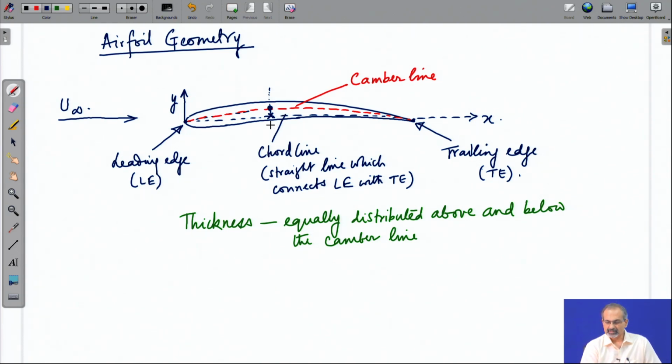Now, at that location, if the total thickness is T suffix p, because the point that we have chosen on the chord is p, and correspondingly the thickness that we are defining at that location is T p, then half of T p would be above the camber line and half of it will be below the camber line, in order to define these points which lie on the surface of the airfoil.